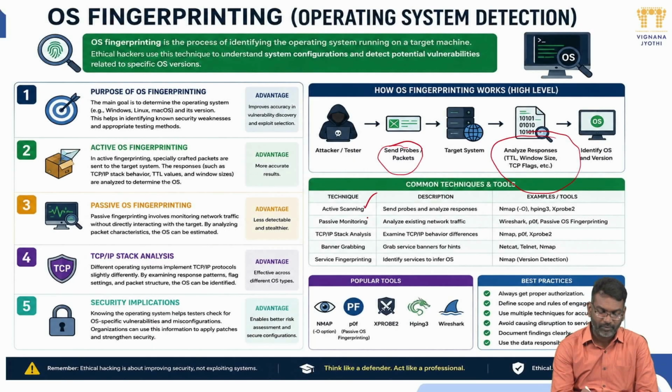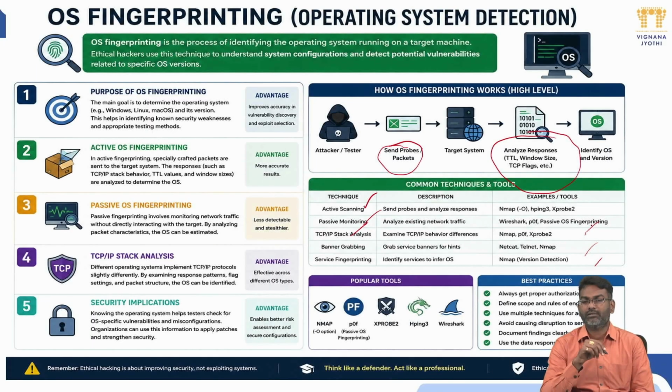Similarly, we have passive monitoring, TCP/IP stack analysis, and different types of tools that are used. You can have a glance at these tools. Most of them are open source, and some may be trial versions of 7 days or 15 days. You can download them and analyze what each tool is, and how it helps us gather information, that is, the footprinting.